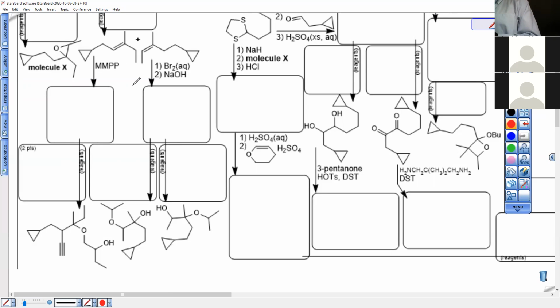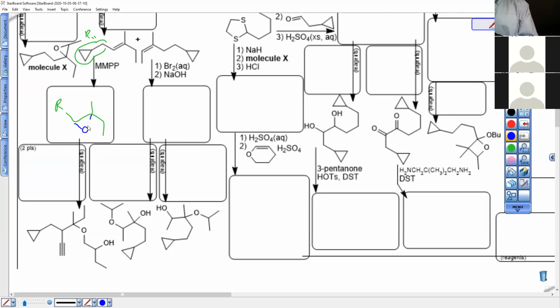That's a good circle for R. Cyclopropane with one more carbon. R equals. So we've got R going to, used to be an alkene, and now it's an epoxide.